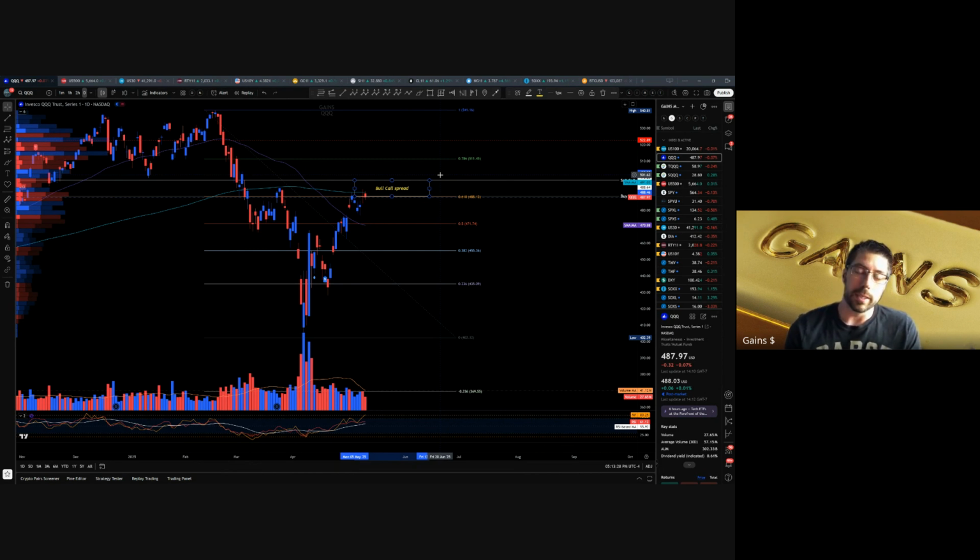But what's really nice is if you buy a call, or do a bull call spread or calendar spread, whatever you want to do, and you hold that call for a long period of time, the closer it gets to expiration, your delta increases. That means the closer your option gets to expiration, it's going to increase in value, especially if it's deep in the money.